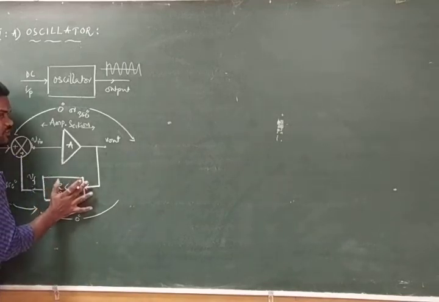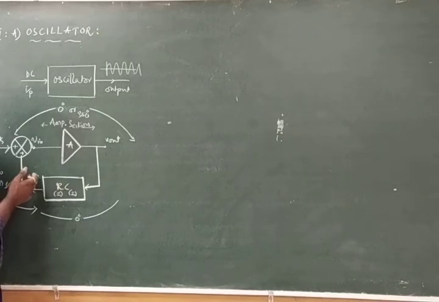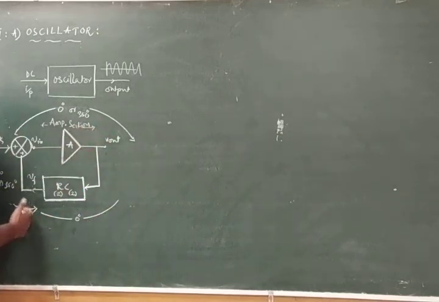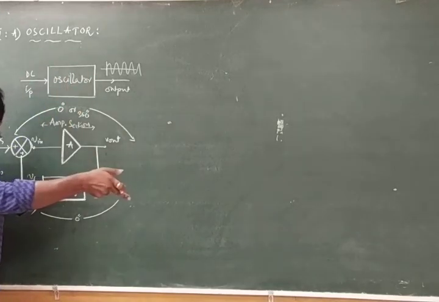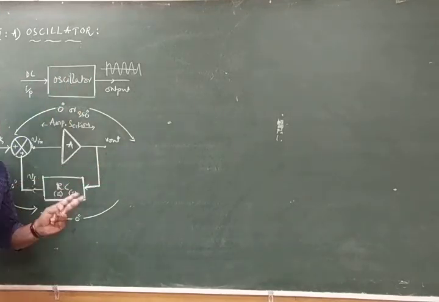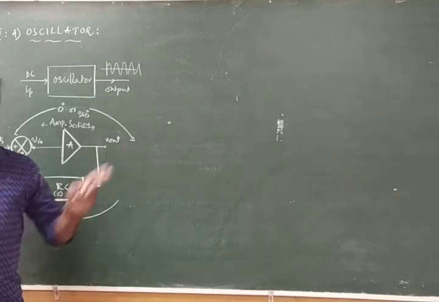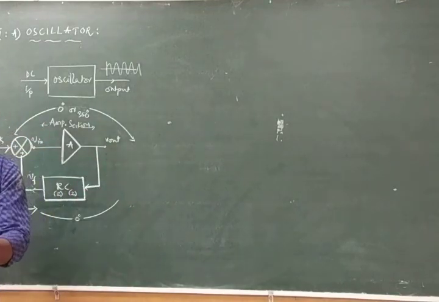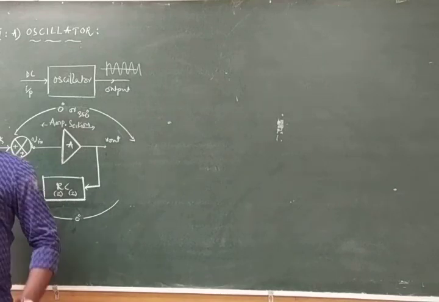Here the point is clear. If this is providing 180 degrees, it has to provide one more 180. If it is providing 0 degrees, it has to provide a total of 360 degrees. How can we get the total 360 degrees? One CE amplifier provides the 180, and one more CE amplifier can provide one more 180.